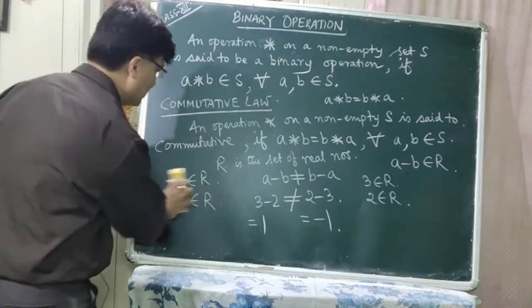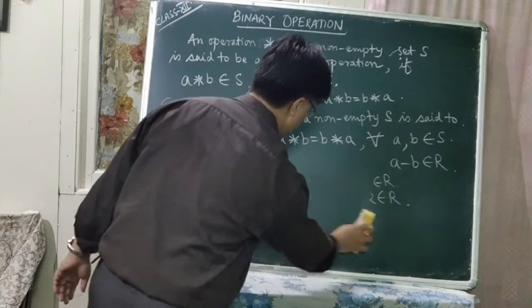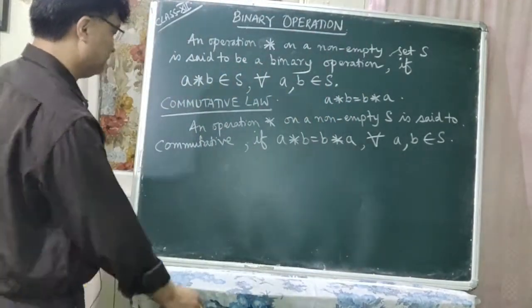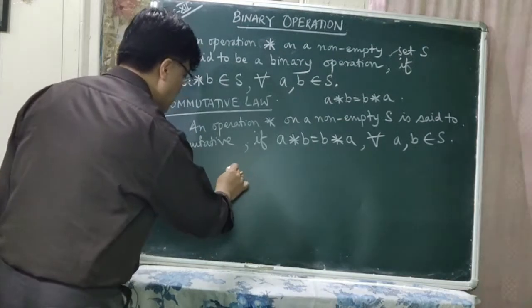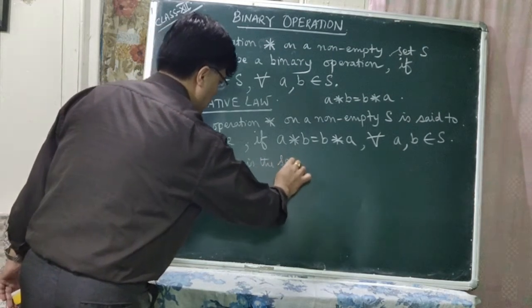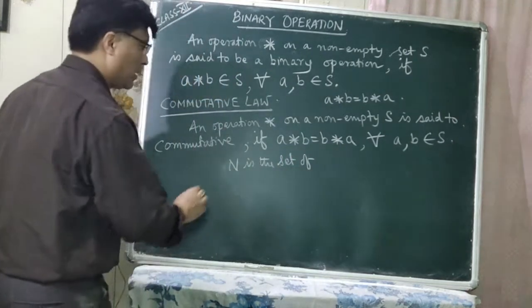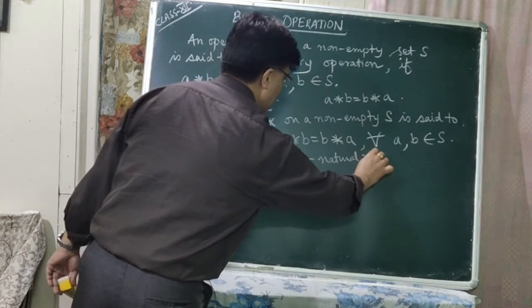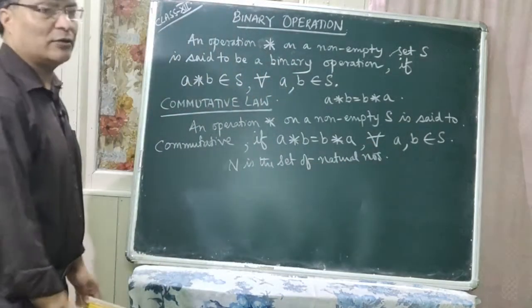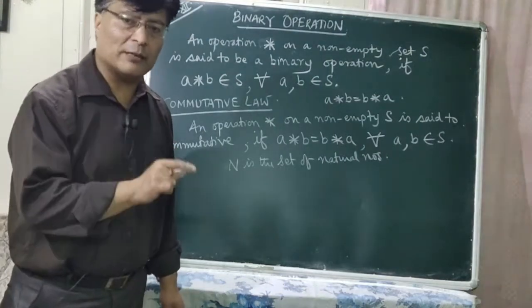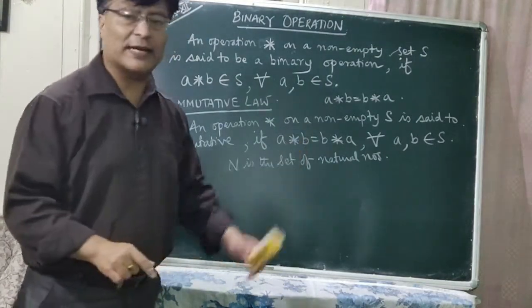Okay, next example. So next example for commutative law is, suppose N is the set of natural numbers, and you know that this operation is a binary operation on the set of natural numbers.